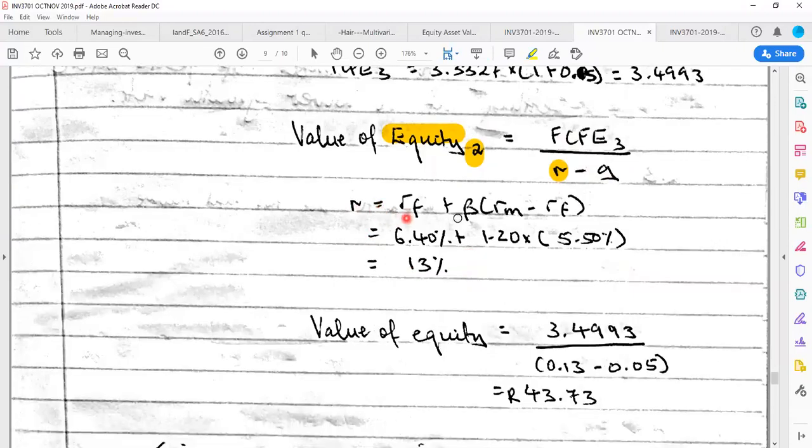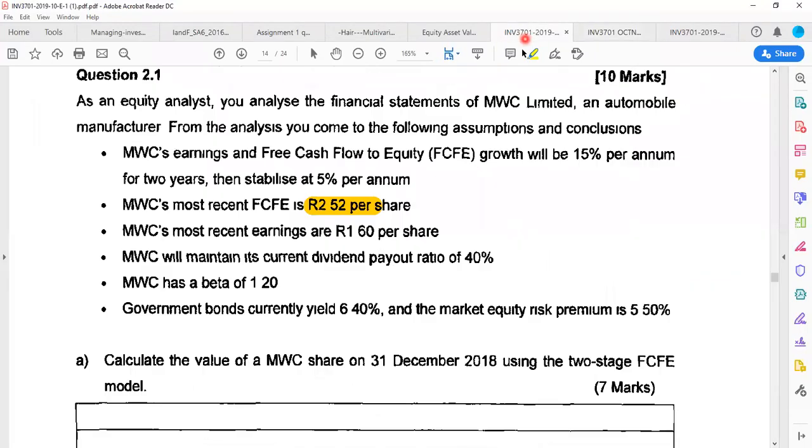So we can calculate the required return using the capital asset pricing model: the risk-free rate plus beta multiplied by RM minus RF. The risk-free rate is the yield on a government bond. The market equity risk premium is 5.5% and our beta is 1.2.